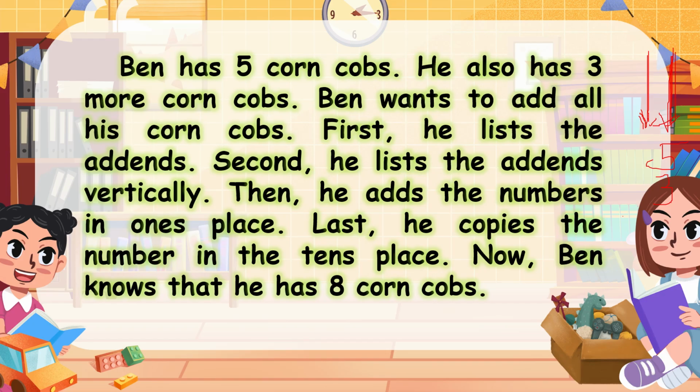He has 5 and 3. Let's add it. 5 plus 3 is 8. Very good. So the answer is 8. Now Ben knows that he has 8 corn cobs.